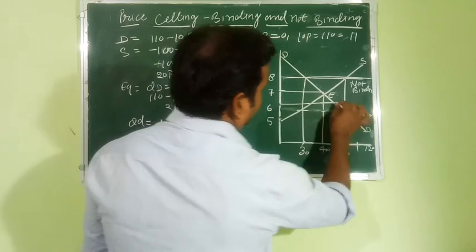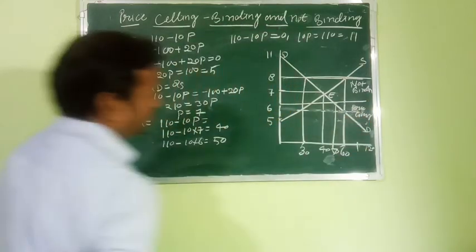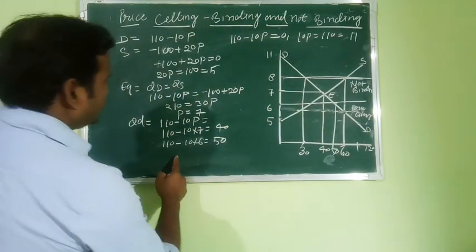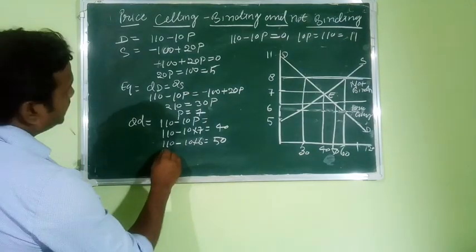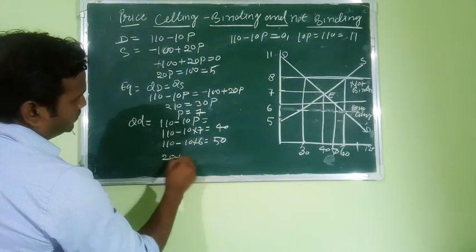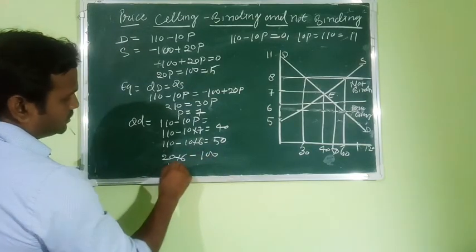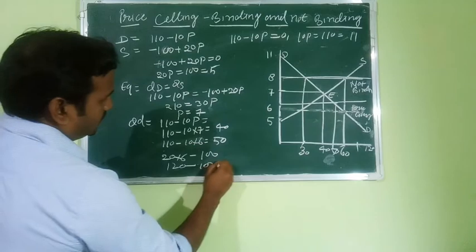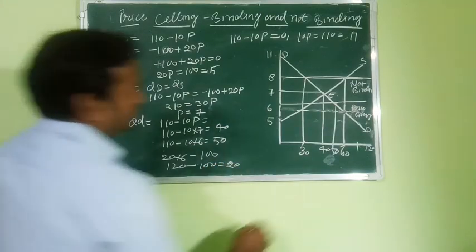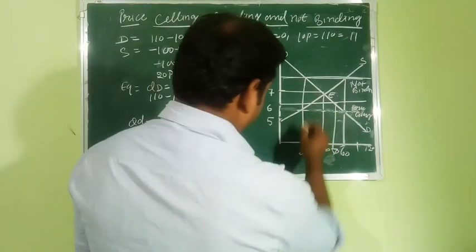But market supply is 20 into 6 minus 100, which means 120 minus 100 is equal to 20.